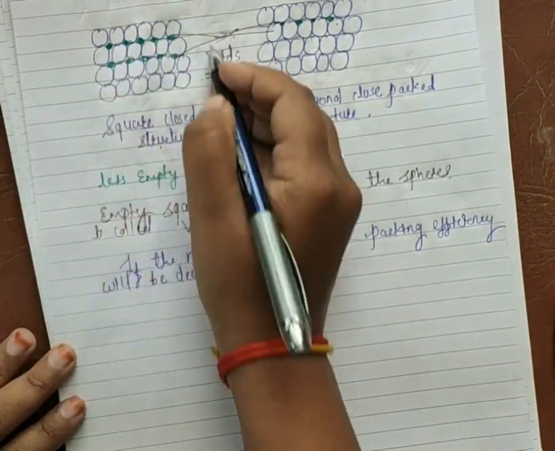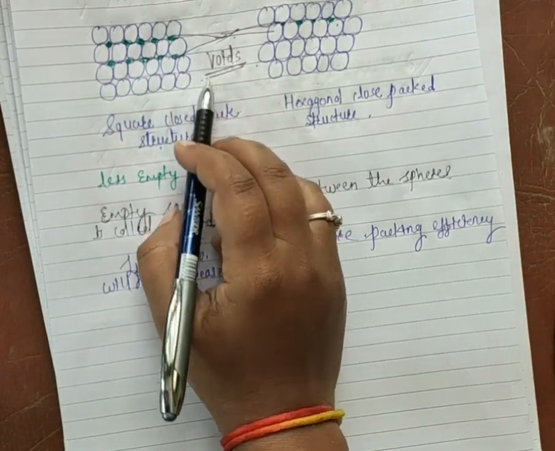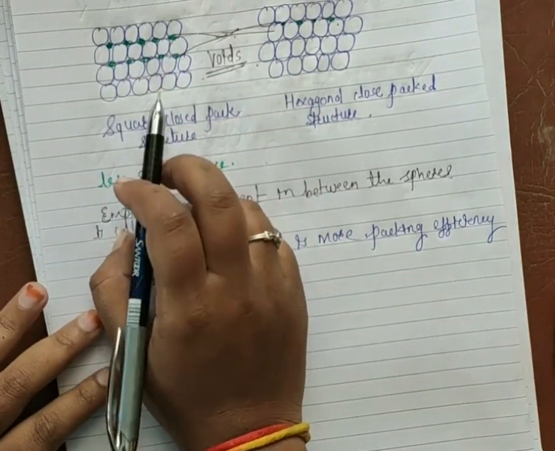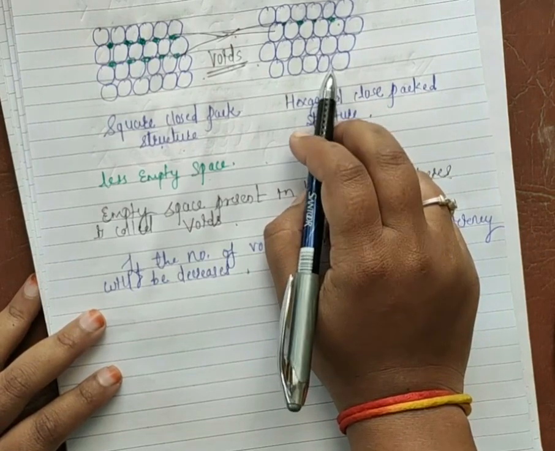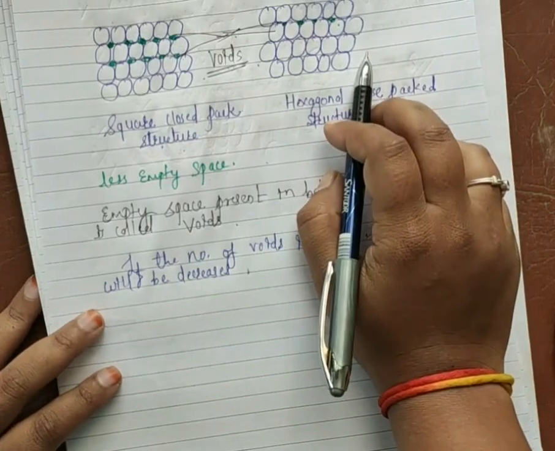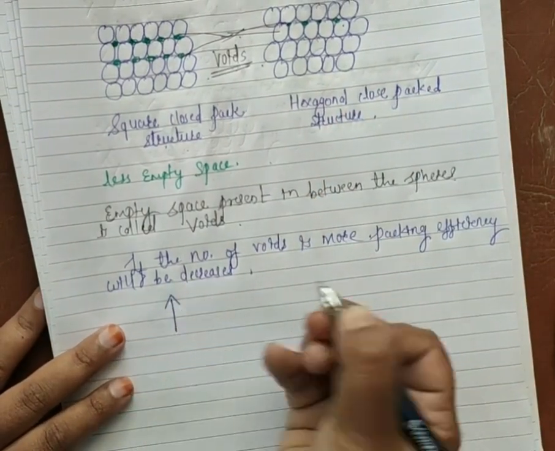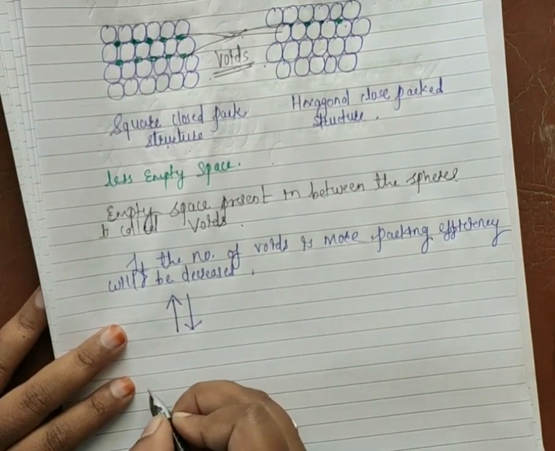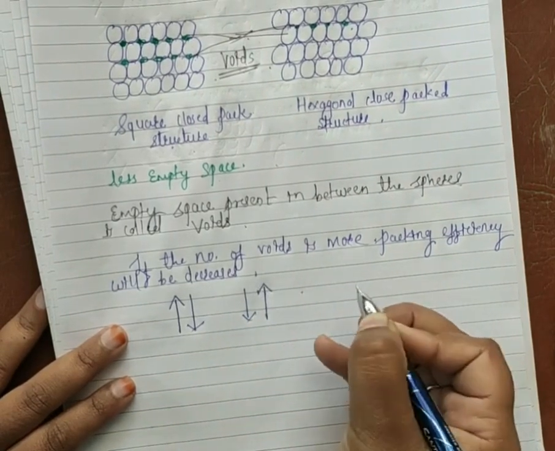So here in the square closed packed structure, we have more empty space, more voids, so the packing efficiency is less. But in the hexagonal closed packed structure, we have less empty space, fewer voids, so the packing efficiency increases. So remember, if the number of voids increases, packing efficiency decreases; if the number of voids decreases, packing efficiency increases.